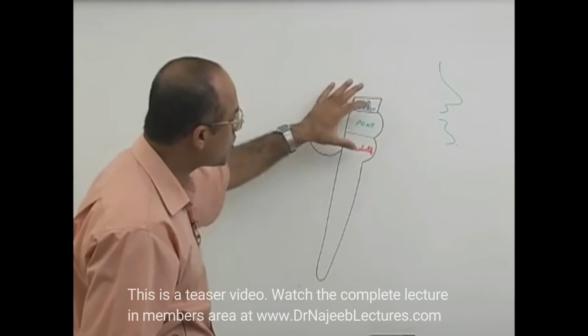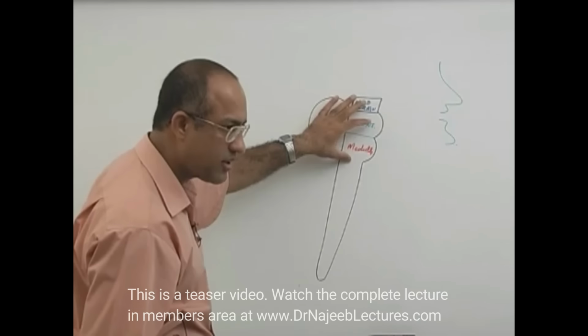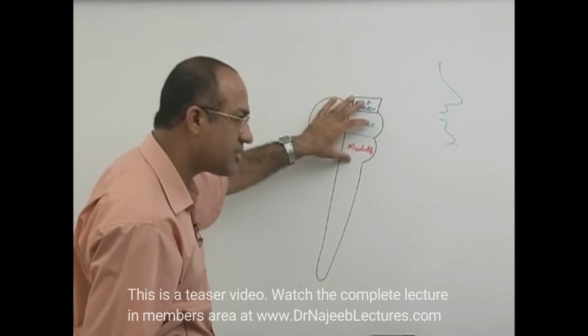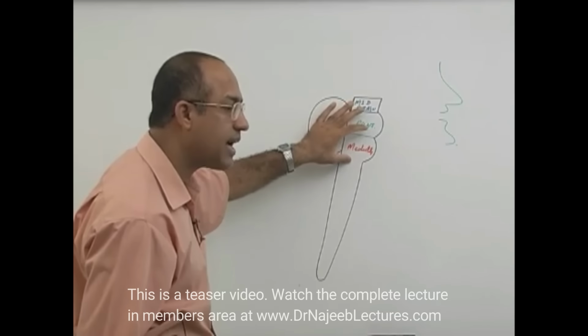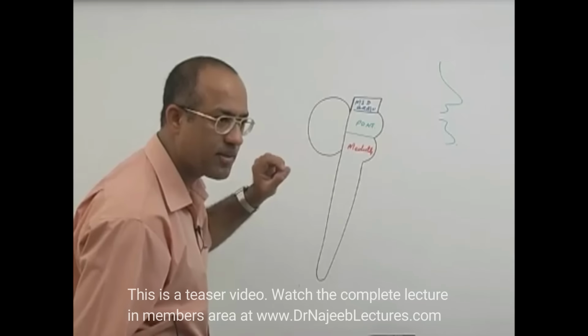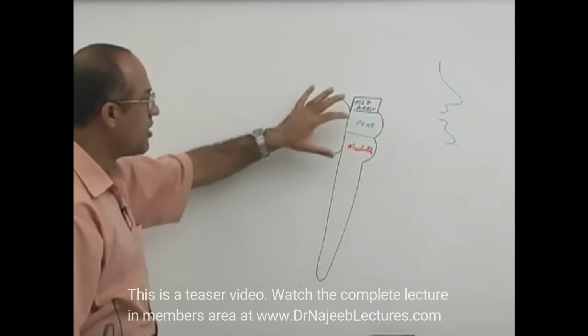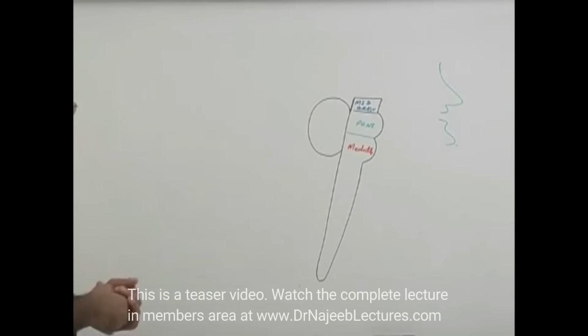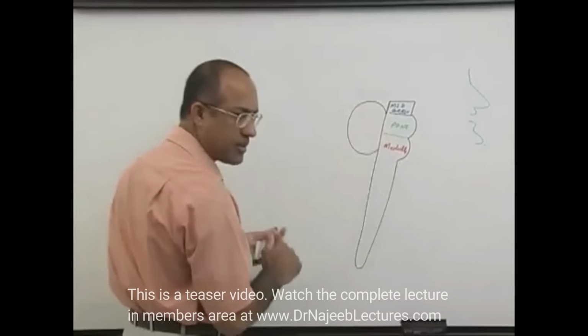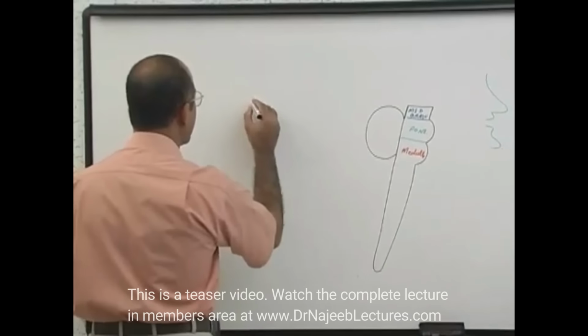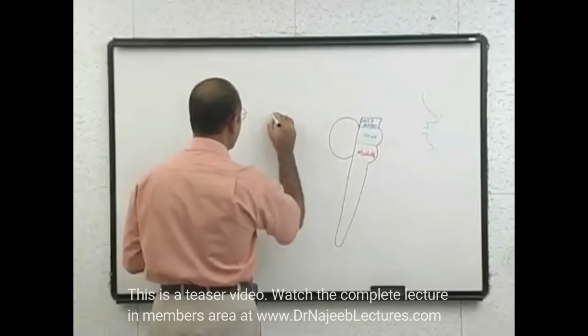So we have to have a very clear concept of which cranial nerve is attached with which part of the brain stem. For this purpose, I will draw one view from the front also. This is the side view of the brain stem. We will consider the front view as well.